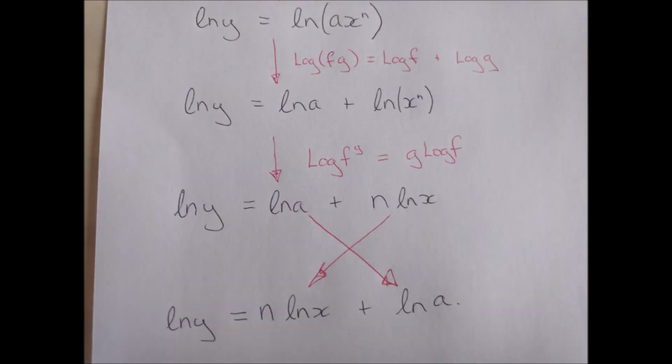Then we are going to split that log of x to the power of n into n log x, and I've just rewritten the equation down on that bottom line there, log y equals n log x plus log a, we're going to compare that with the equation for a straight line graph and see what similarities we can spot.